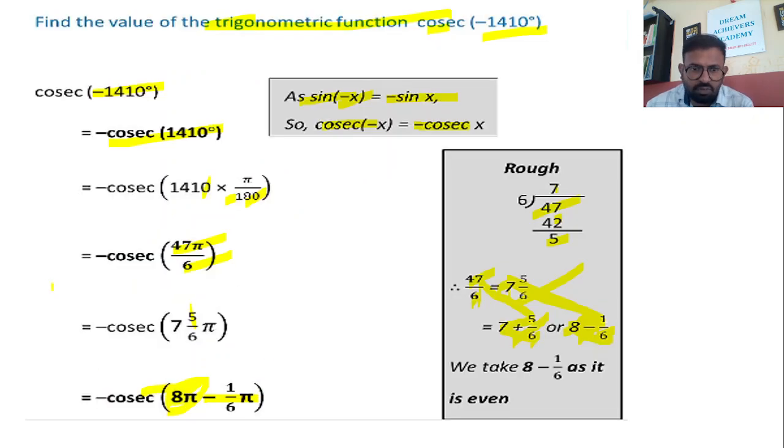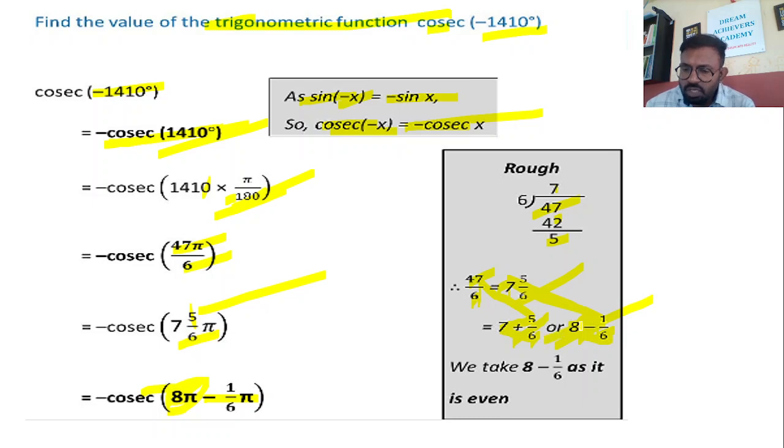Okay, this is the way. Once again I will repeat. Convert this minus 1410 degree to radians. Before that, I know cosecant of minus x is minus cosecant x. We should write it in this form. Then after that convert to radians and make a separation of these two. First write in mixed fraction. When there is negative, remember this, let us take the positive values.